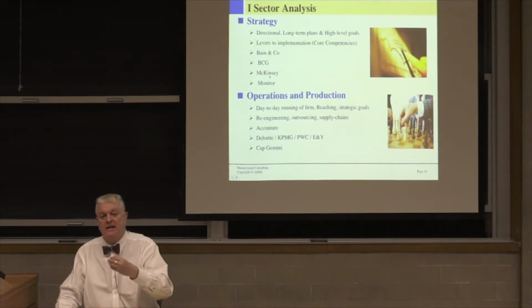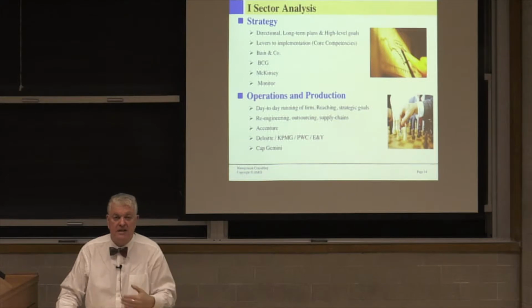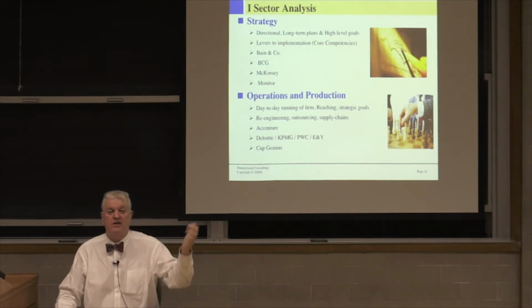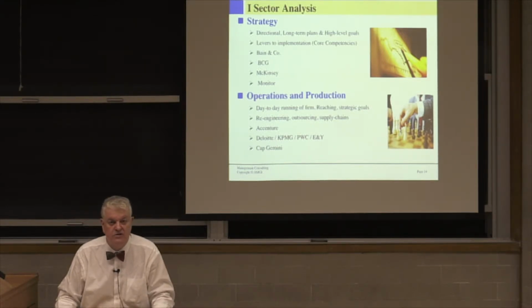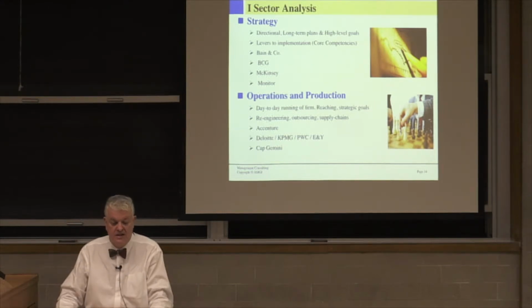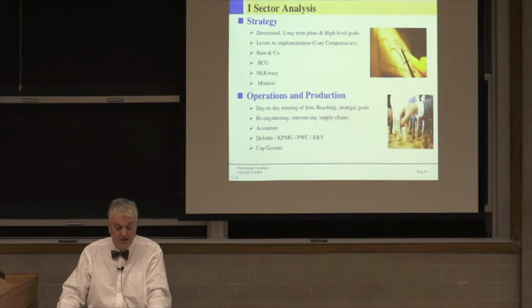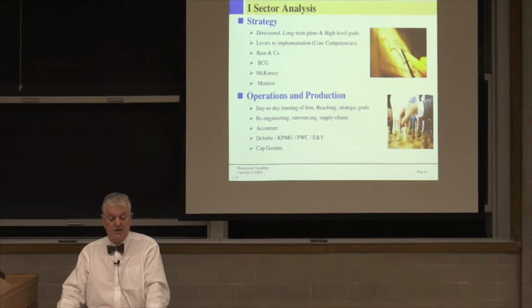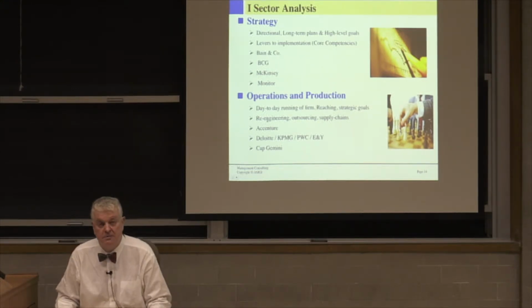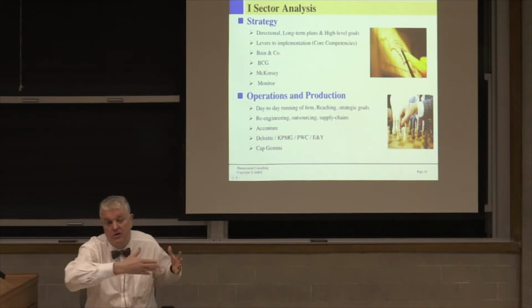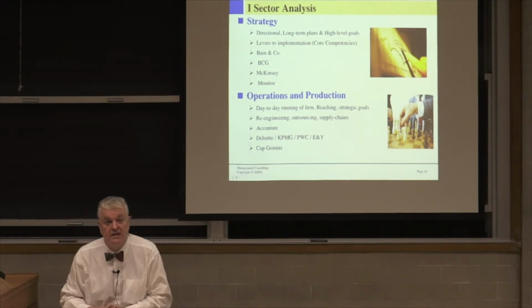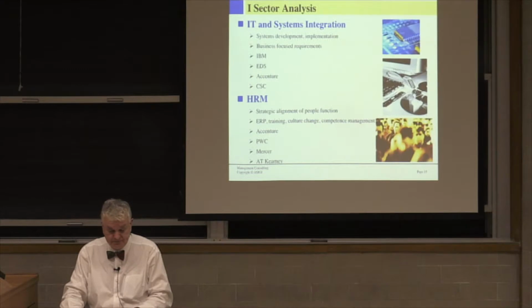But they might do strategy as an operational improvement as opposed to strategy as to where the company will be in 10 years or should the company get rid of some of its divisions. These companies tend to focus on that. From an operational point of view, KPMG, Pricewaterhouse, Capgemini, they tend to specialize in getting inside companies or looking at their whole supply chain and transforming those.